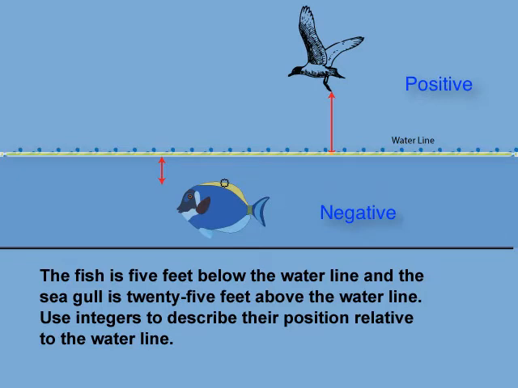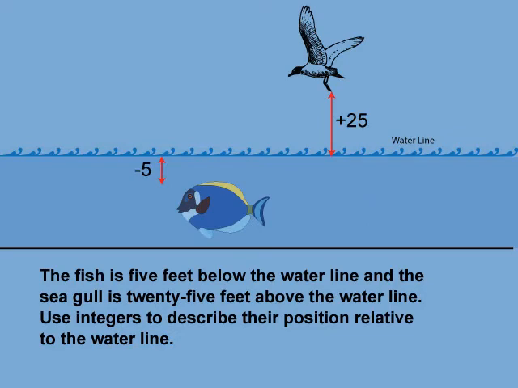This means that the gull is plus 25 feet above the waterline, and the fish is negative 5 feet below the waterline. If we now include a duck swimming on the surface of the water, in other words, on the waterline, then its position is at 0.